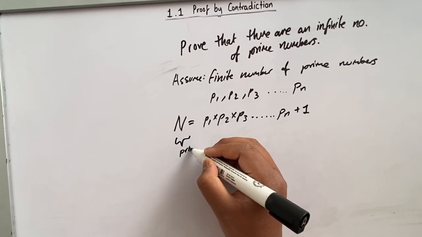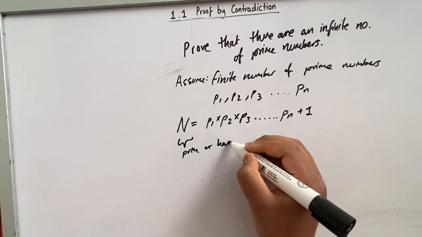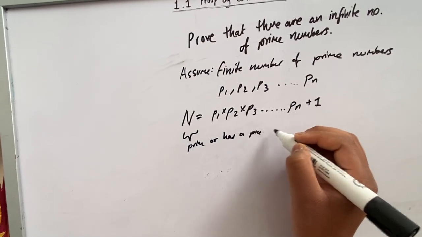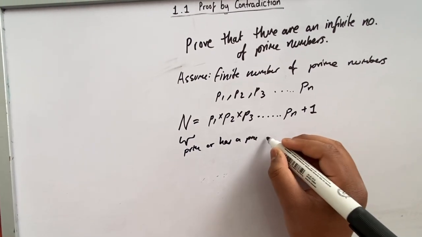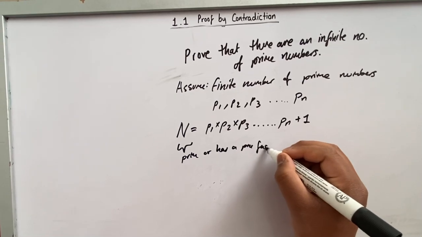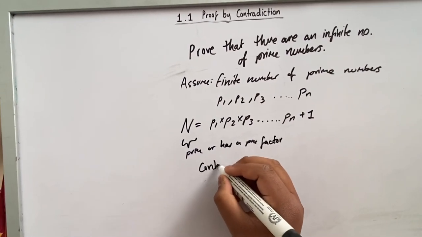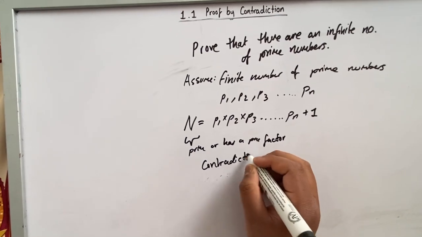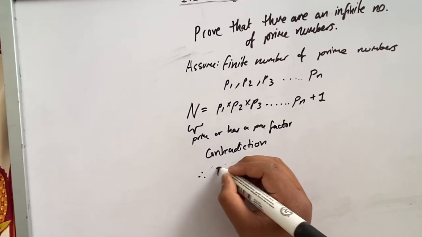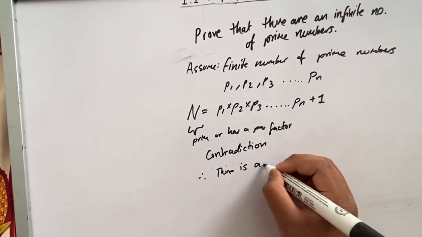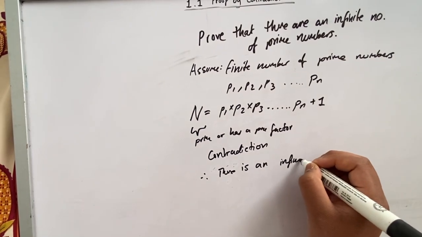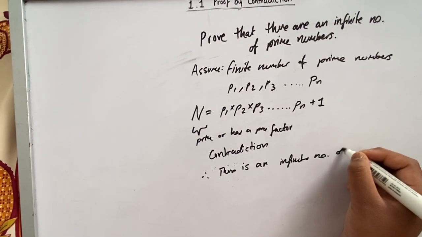So n is either prime or has a prime factor, and the prime factor isn't in the list of all primes. Contradiction, therefore, there is an infinite number of prime numbers.